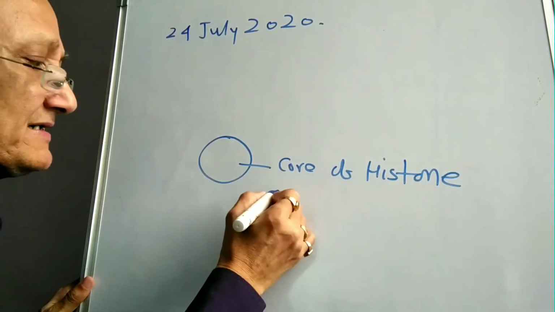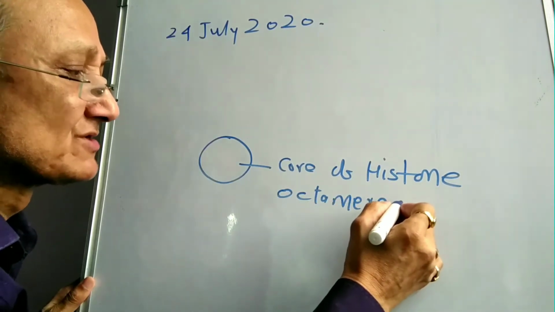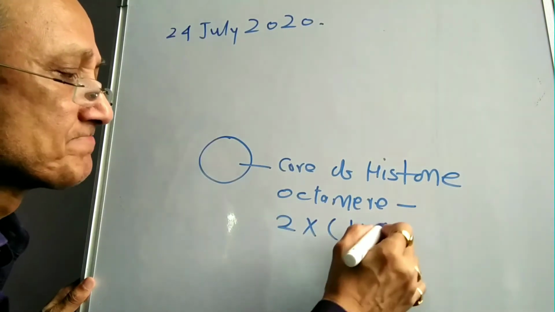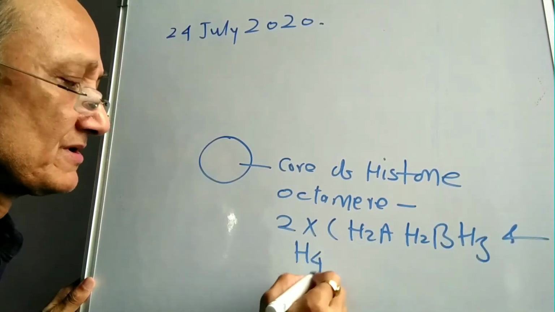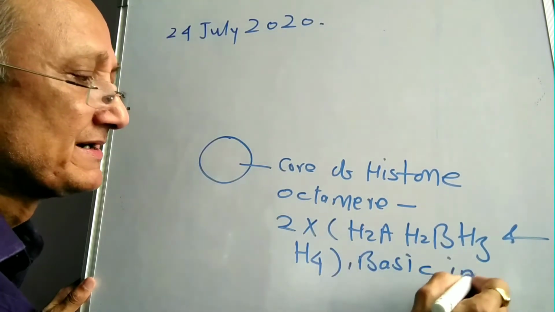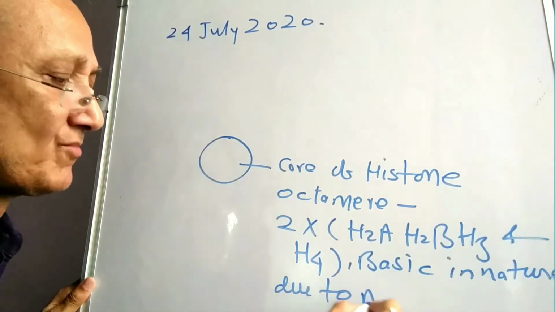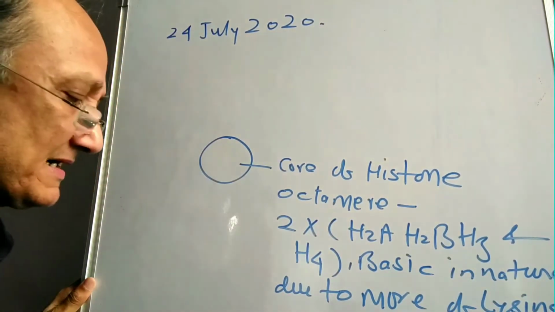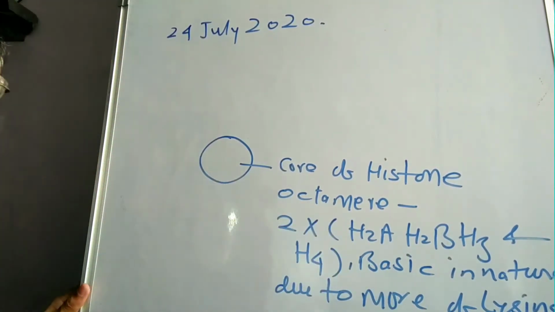Core of histone. It is an octamer structure. And this is because of 2x H2A, H2B, H3 and H4 histone proteins. It is basic in nature, and due to more of lysines and arginines, these are the basic type of amino acid.